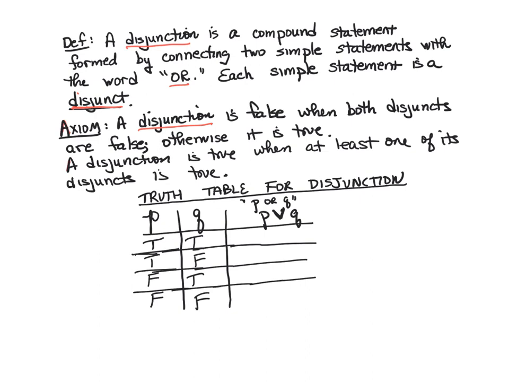So the only way a disjunction could be false is when both are false. Otherwise, it's true.